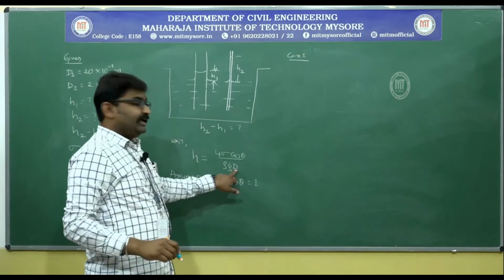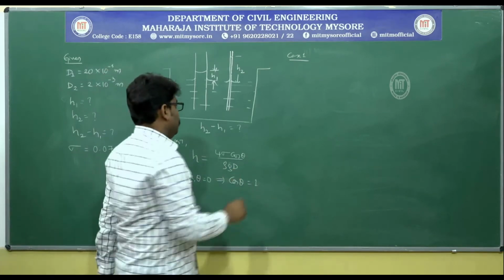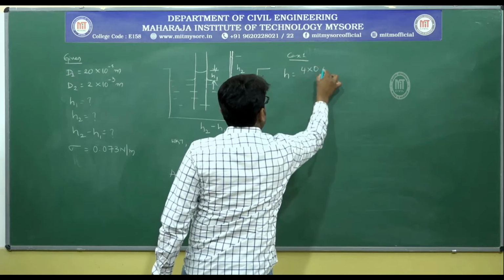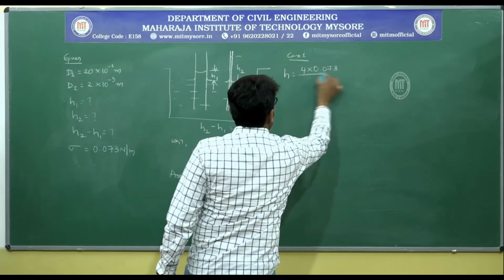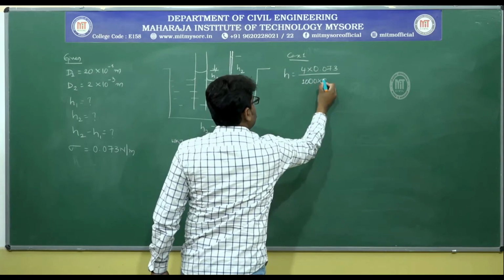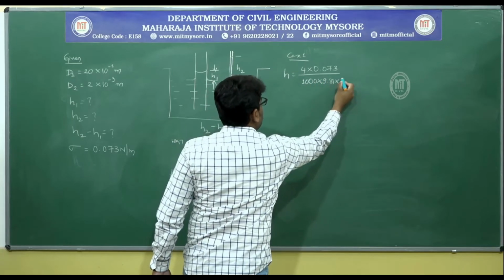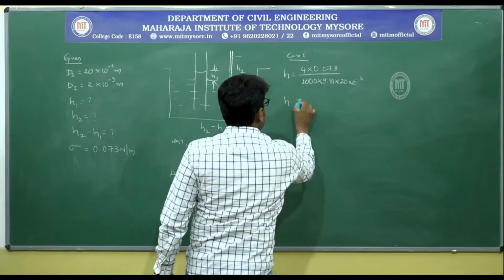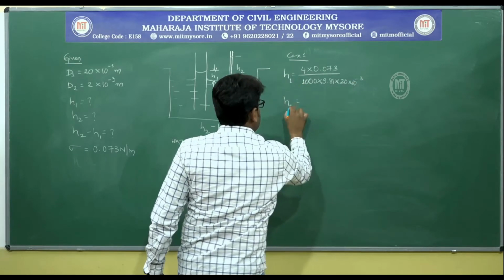wherein D is 20 millimeter, you have H is equal to 4 into 0.073 divided by rho of water is 1000, g is 9.81, diameter is 20 into 10 power minus 3. You will get this as H1.